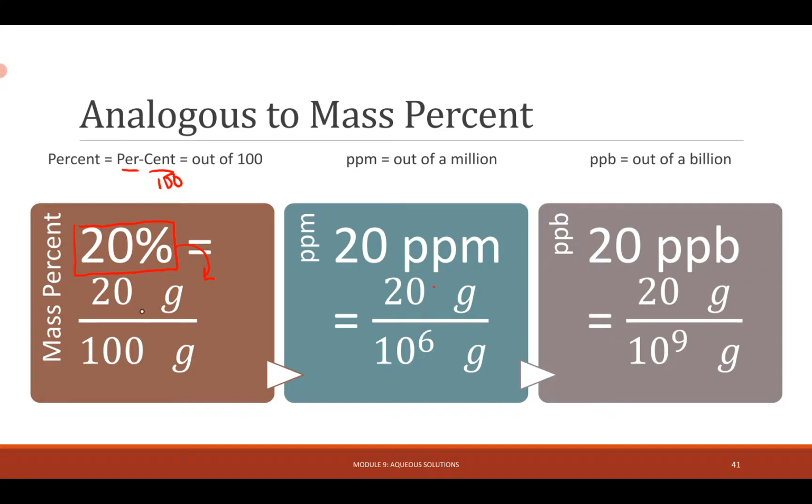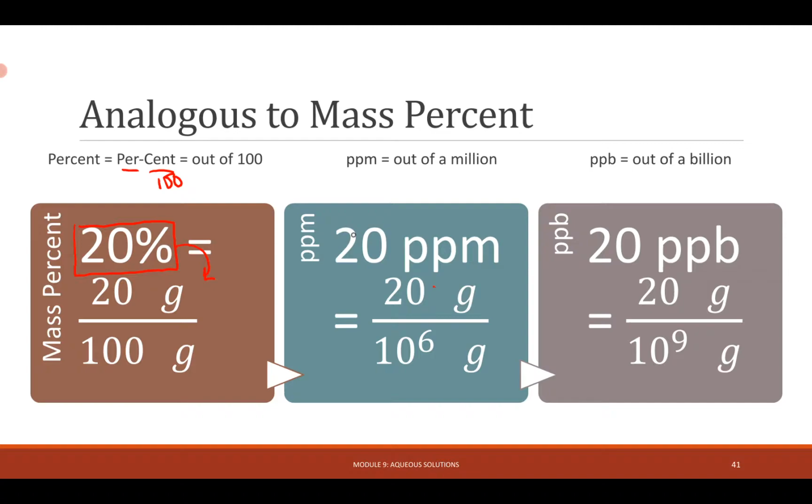So 20% means 20 out of 100. You can have whatever unit prefix you want in front of that mass as long as the prefixes match. And so that could be milligrams out of milligrams, that could be kilograms out of kilograms. It doesn't matter as long as the units match.